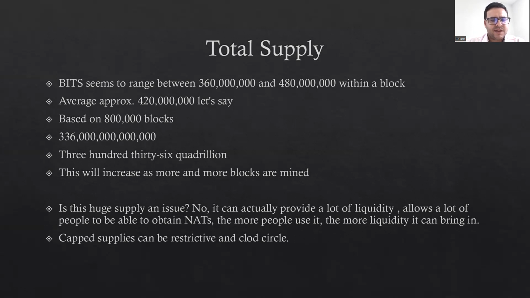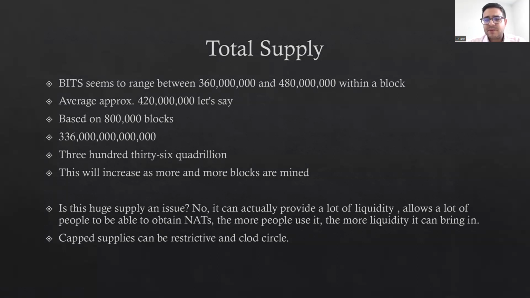But I looked at this, and roughly if you base the average on the amount of 800,000 blocks, you're looking at about 336 quadrillion tokens, bits, whatever you want to call it. NATs, let's say. But as I say, it will increase over time.